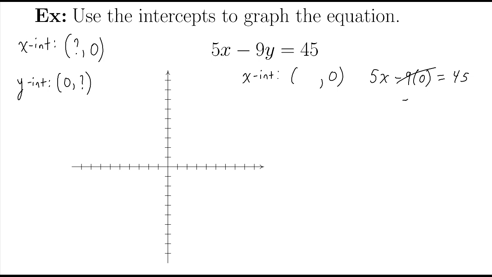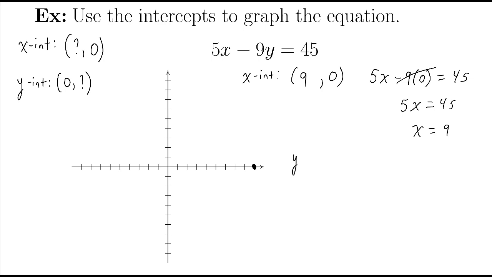That gives me 5x equals 45. Divide both sides by 5, x equals 9. So there we go, x equals 9. Let me plot that point: 1, 2, 3, 4, 5, 6, 7, 8, 9. There is my x-intercept.